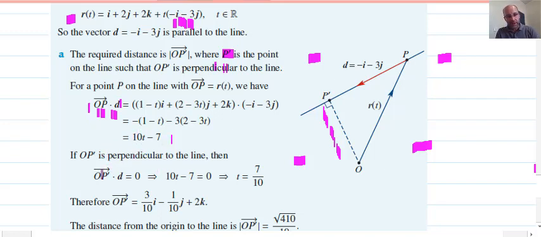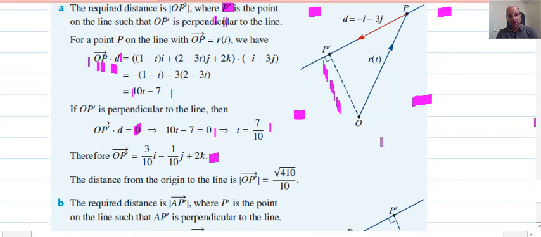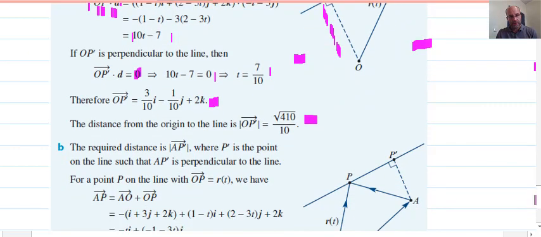For the perpendicular case, that also has to be equal to 0 based on our definition of a dot product. Thus, it needs to be the case where 10t minus 7 equals 0, so t would be 7/10 in such a case. So, by substitution, we can get this expression here, and so the distance from the origin to the line, we can calculate using our usual method of calculating the distance.